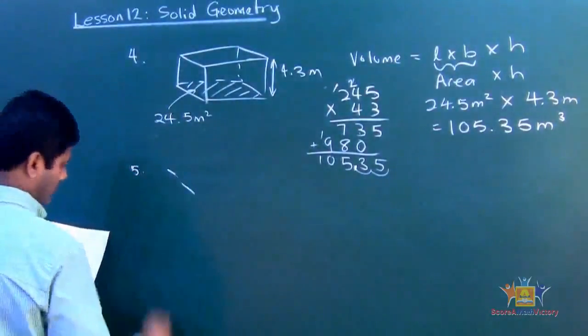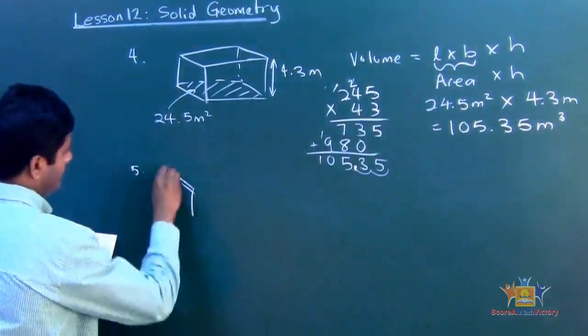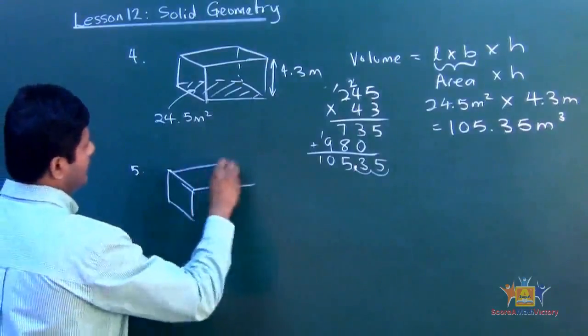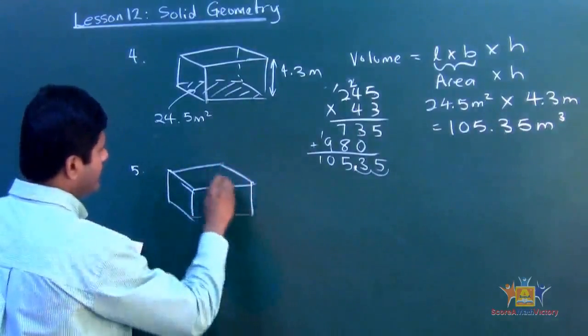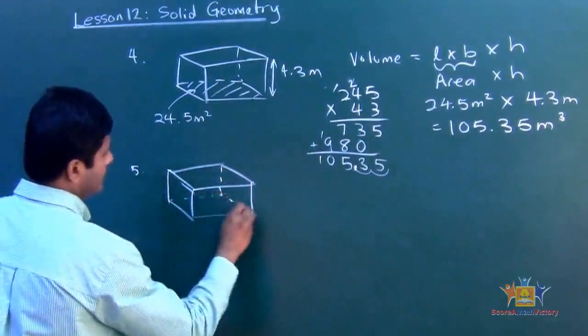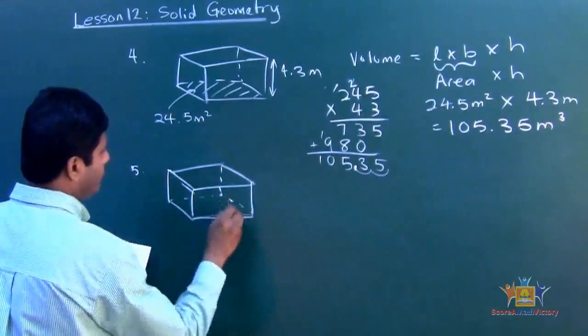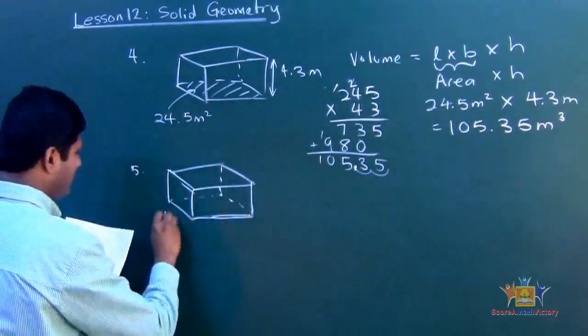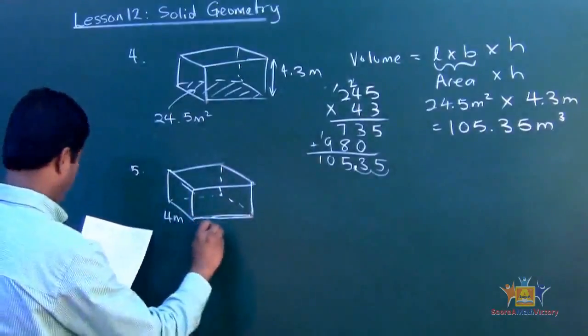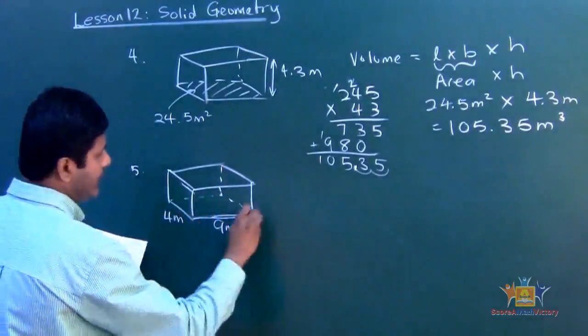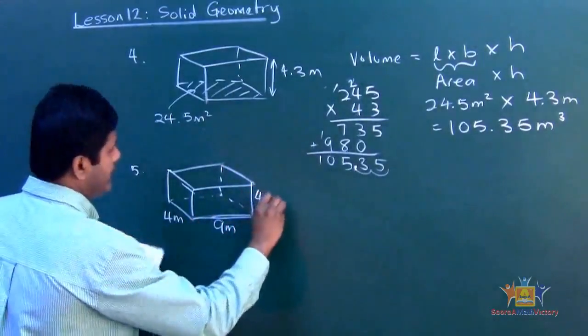So for problem number 5, you're given container A, which is a cuboid, and it's filled with water. The measurements are 4 meters breadth, 9 meters length, and 4 meters height.